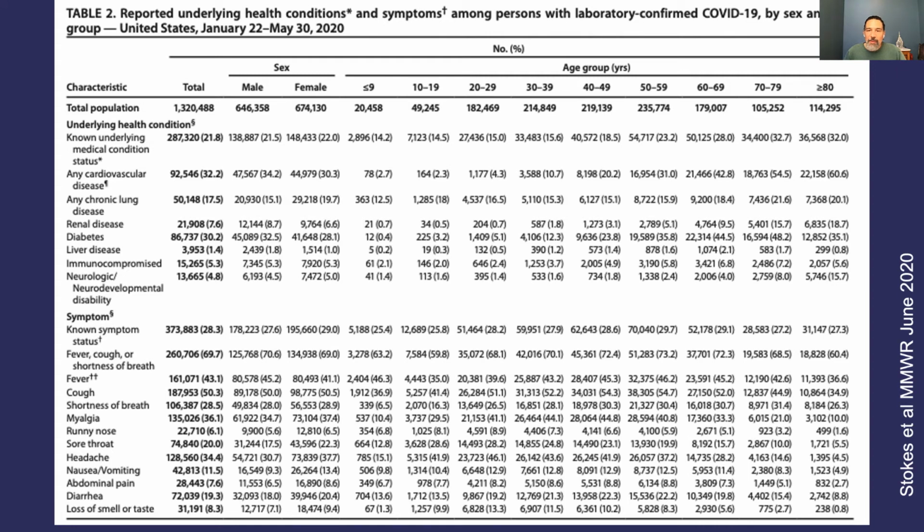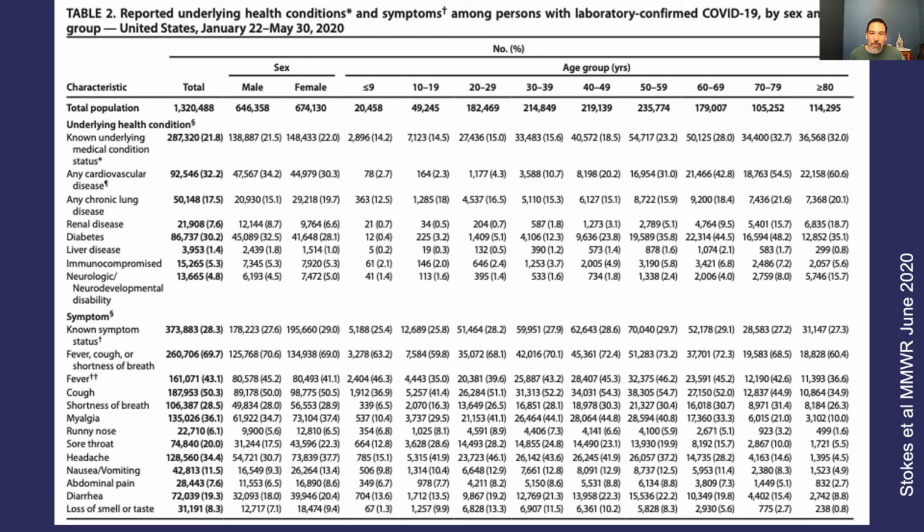So from this MMWR, this table shows the sex and age distribution of the 1.3 million cases reported through May 30th, going across the table, sex and age, and the underlying health conditions and symptoms going down the side of the table here.